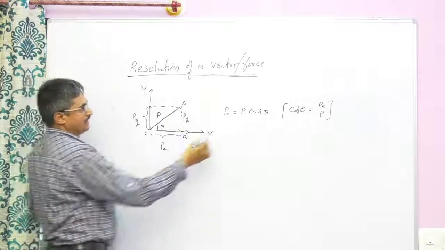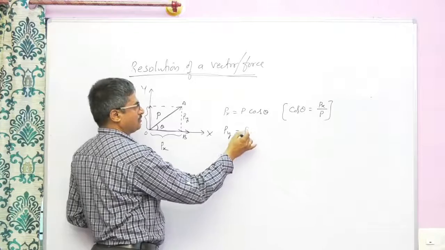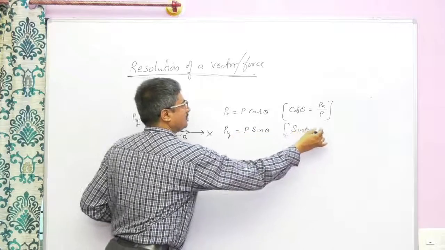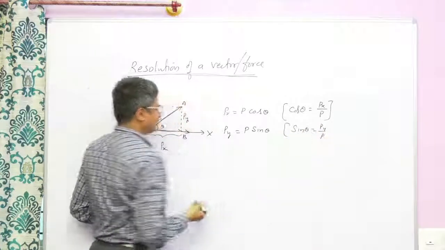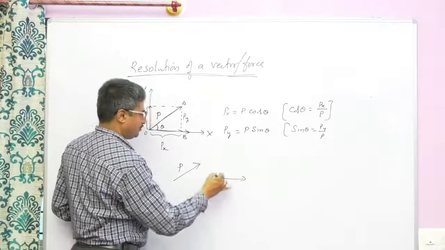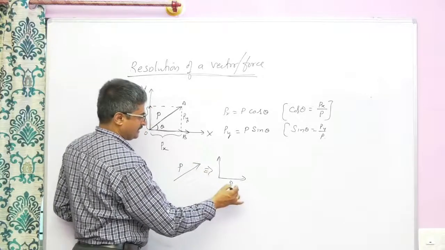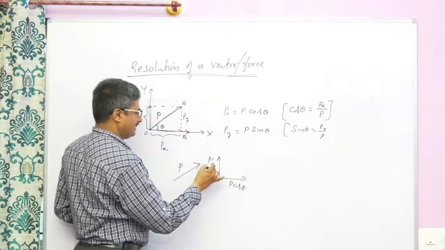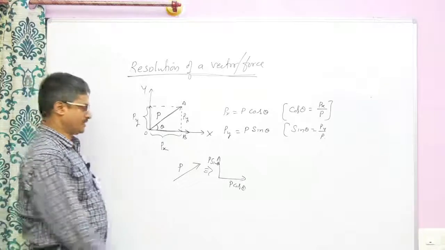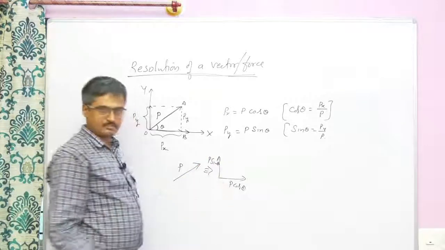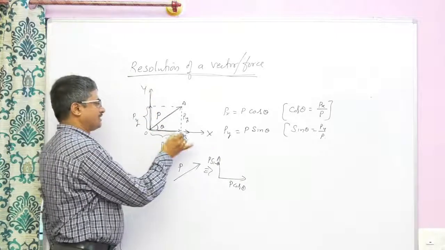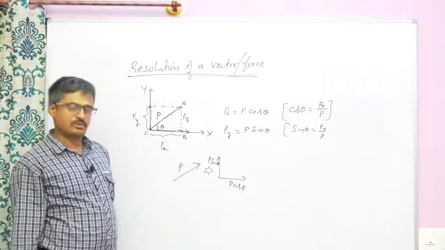In the same manner, Py is equal to P sin theta, because sin theta is equal to Py by P. So we have divided this vector P into two vectors, P cos theta and P sin theta. This is called resolution of a vector. We use these components in a number of applications. This is called resolution along the Cartesian coordinate system. We can also divide a vector into a number of vectors.